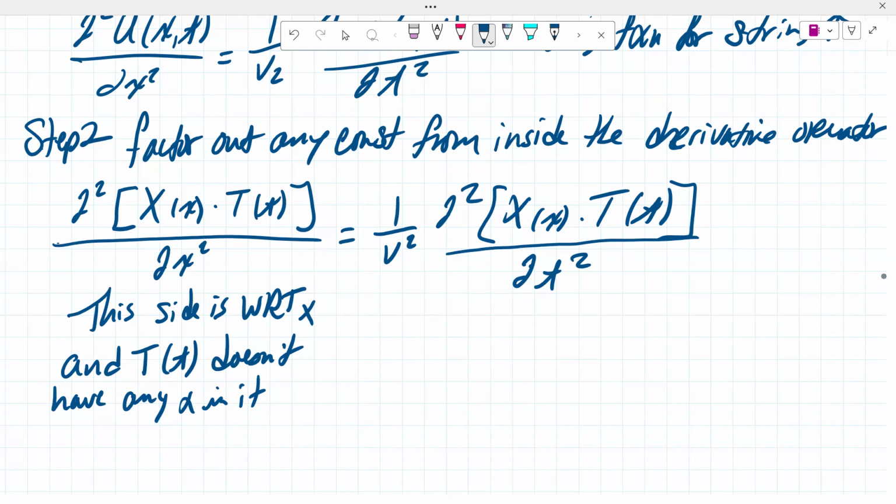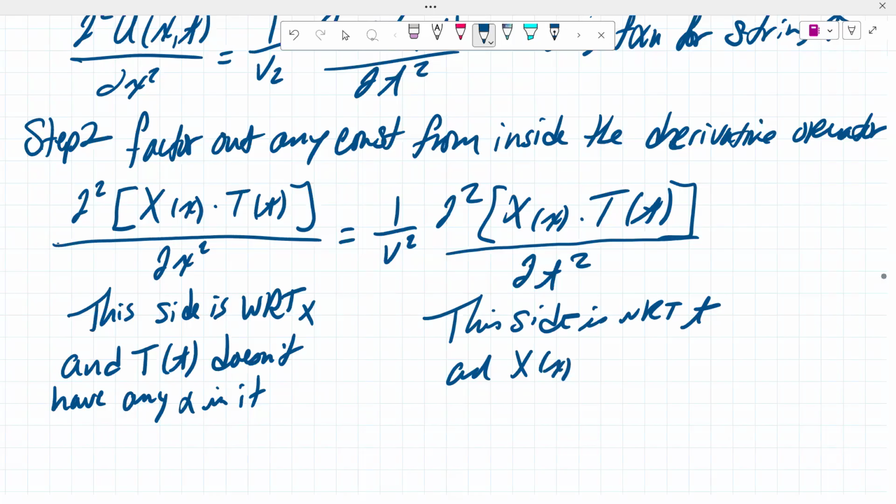Similarly, on the right-hand side, this side is with respect to t, and X of x doesn't have any t in it.